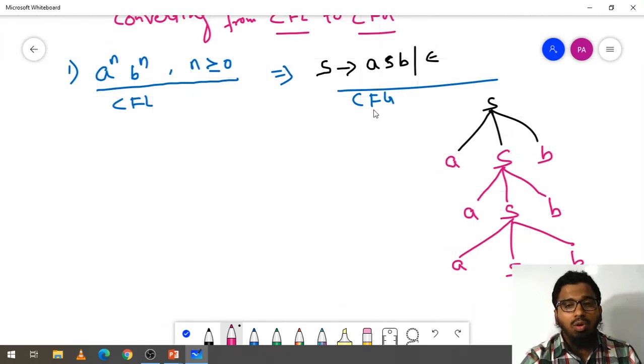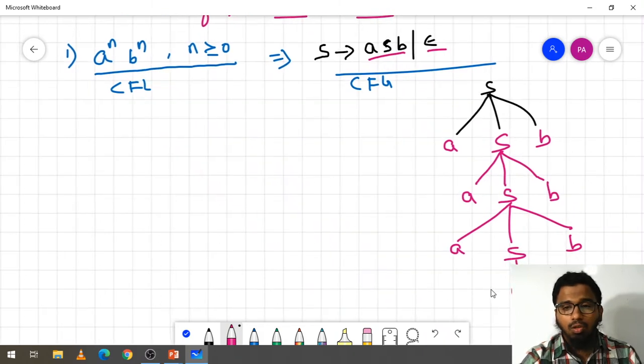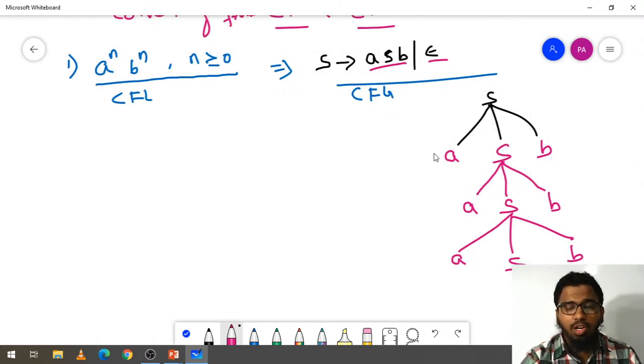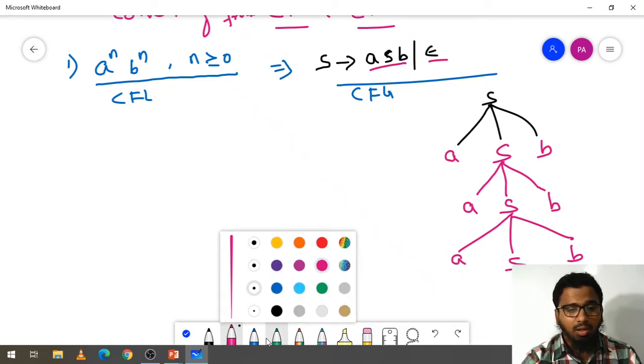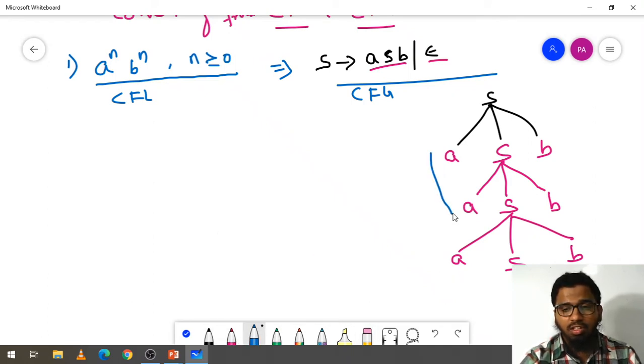Now in place of this I can write epsilon. Epsilon means it will stop here. So you need to check the grammar like this.